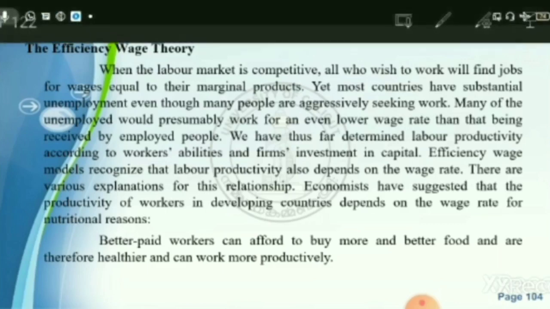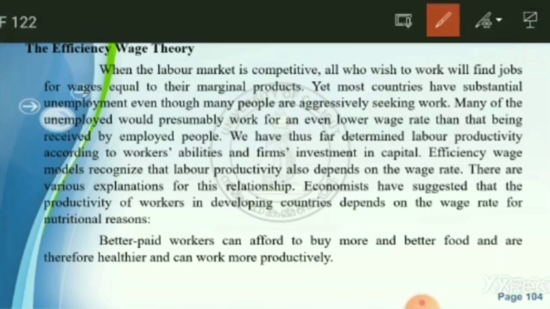What does the efficiency wage theory tell us? Efficiency wage theory recognizes that labor productivity also depends upon the wage rate. That means workers' efficiency is very important. Efficiency depends upon productivity, and what does productivity depend on?